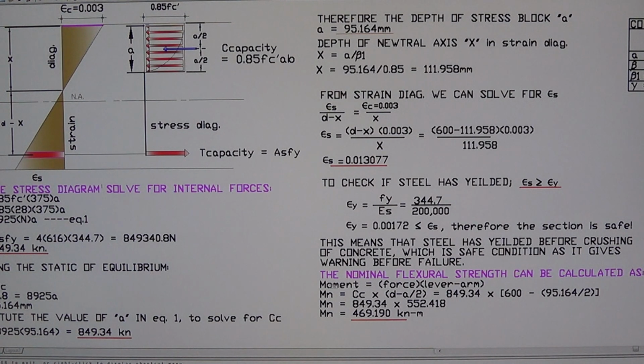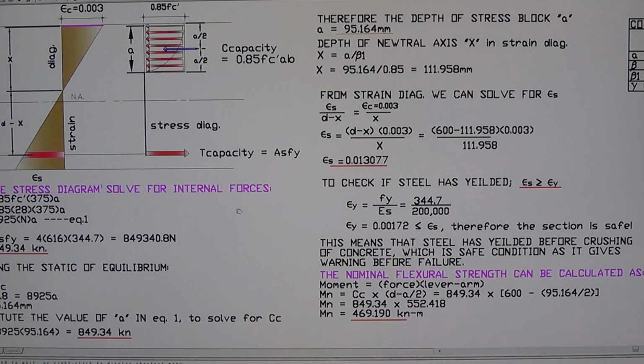So here I'll take the moment at the tension capacity and use the compression force, the CC, which is 849.34.